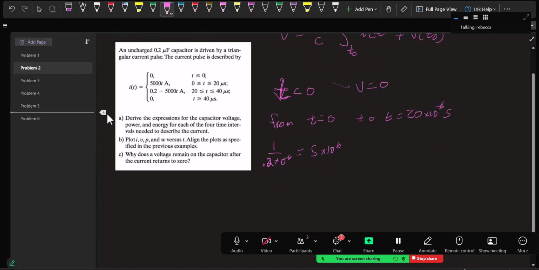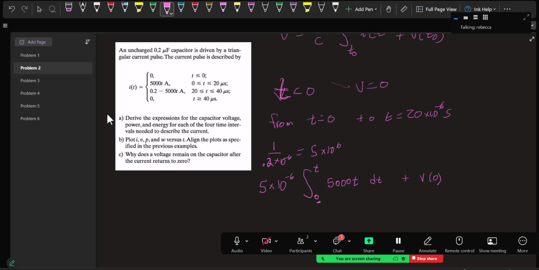So I have 5 times 10 to the 6 times the integral from 0 to t, because I'm starting at 0, of 5,000 t dt, plus the voltage at my starting time, which was 0.